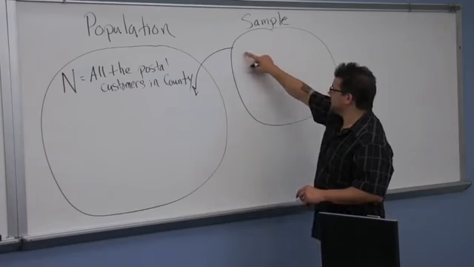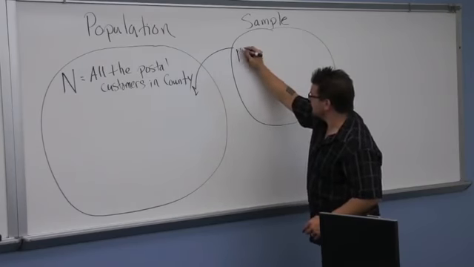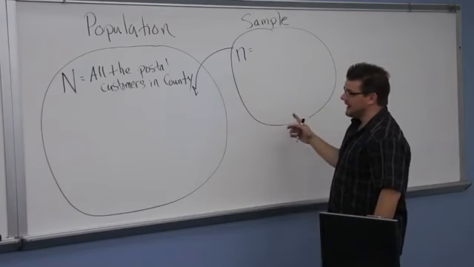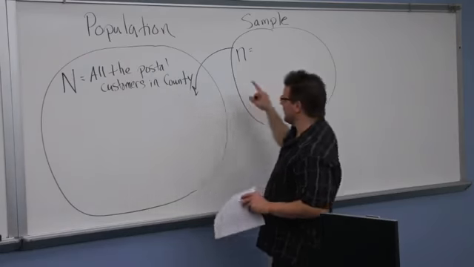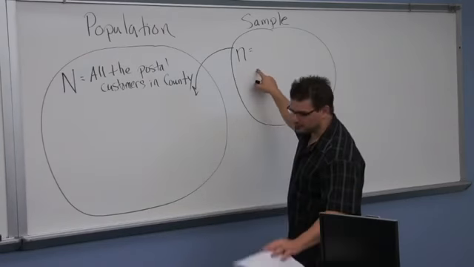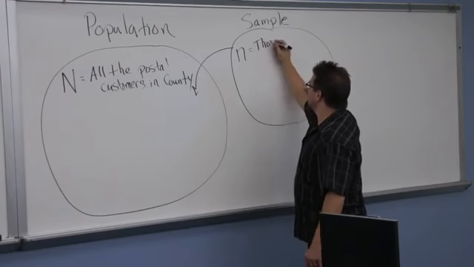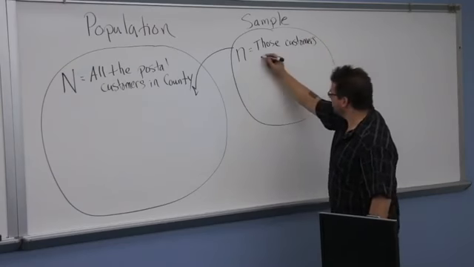When we take a sample, the sample size will denote with small, lowercase n. Okay, so make sure we get that right. This is the smaller group. And from the description in the problem here, I don't know the number of people that were sampled, but I'll try to write it out in words. Right? This is those customers actually selected.